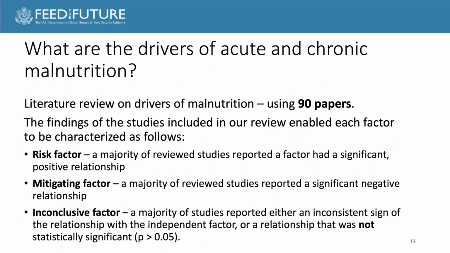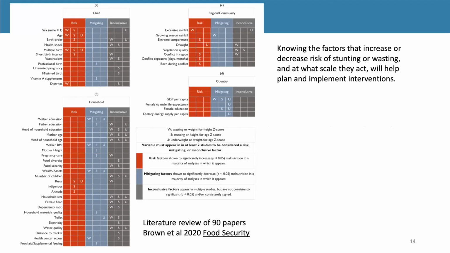So what we did is we looked at 90 different papers across the literature, and then we summarized them in this figure. This is my last slide before I hand over the baton to my colleague. Here we can look at the different levels. So here we have child factors, like are you a male or female child, or your age?